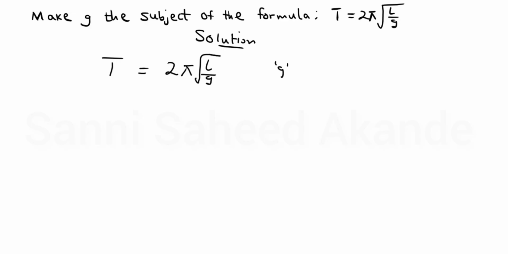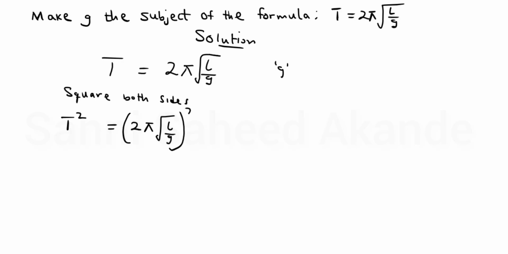Square both sides. When you do that, you have t squared equal to 2 pi times the square root of L over g, all squared.